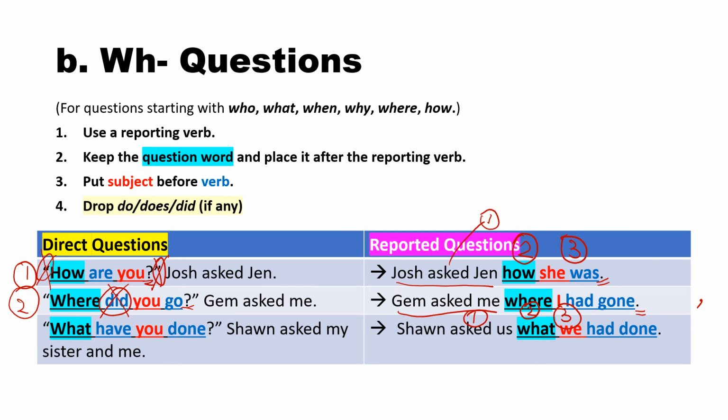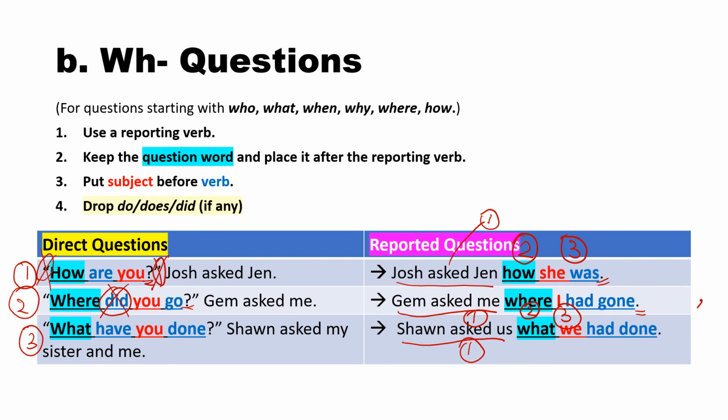Finally, let's take a look at the third example. What have you done? Sean asked my sister and me. Step 1. Use a reporting verb. We can keep asked. Again, simple past tense asked is used.